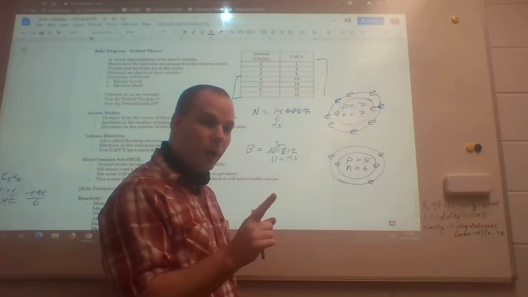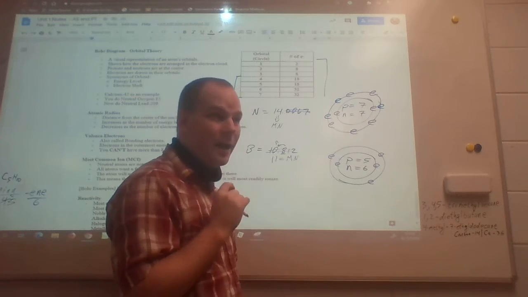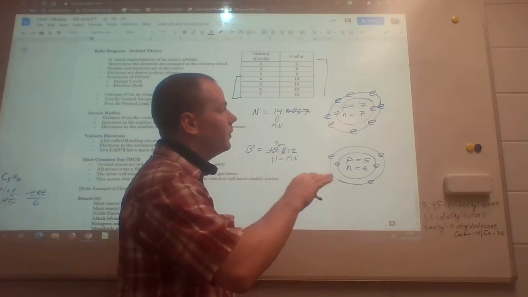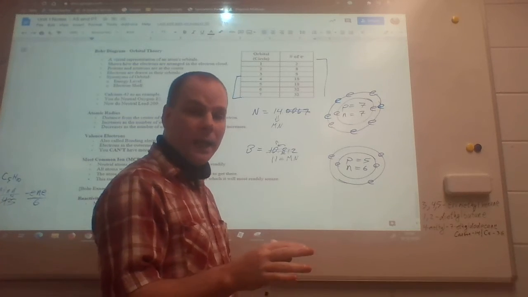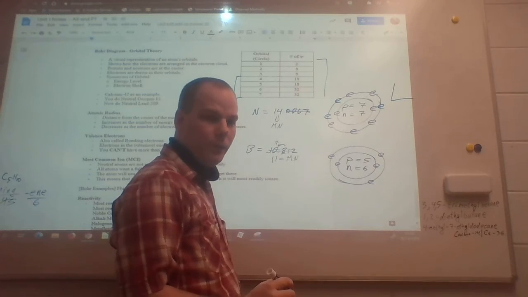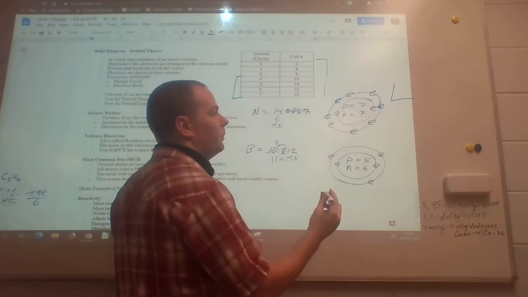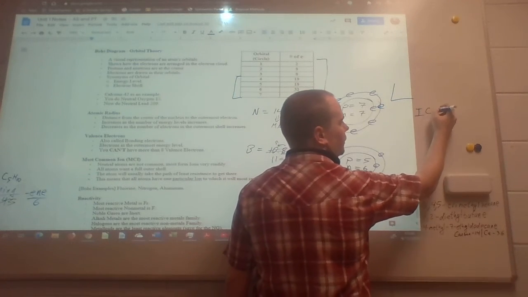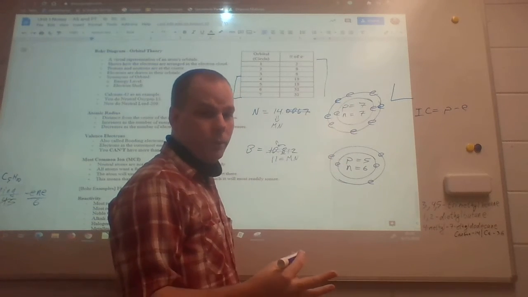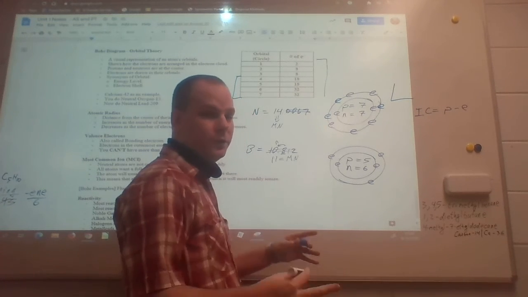But that causes a problem because now this atom does not have the same number of protons as it does electrons. So since it has extra electrons, it's now an ion. It's going to have a charge, which we have to note in the corner here. The way you figure that out, you can either use the equation that we had before: the ionic charge is equal to protons minus electrons. Or you can logic your way through it. How many electrons did we add?